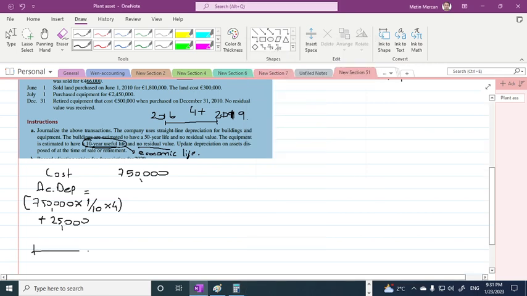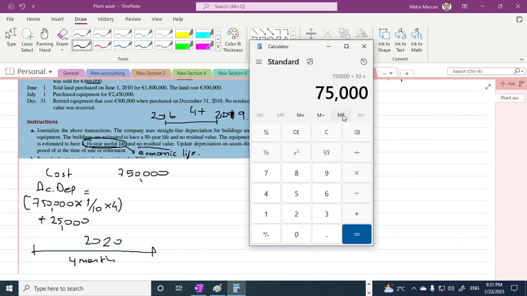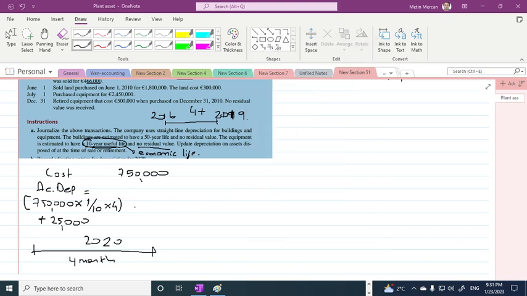From 2020, it is depreciated also 4 months. Right, so 4 months. 4 over 12 of 75,000, you find this is $25,000. So total accumulated depreciation in this case is $325,000.